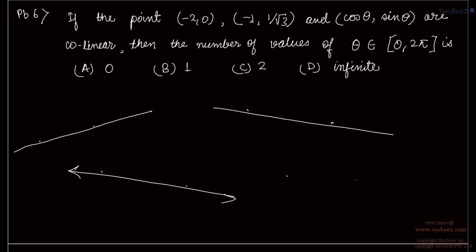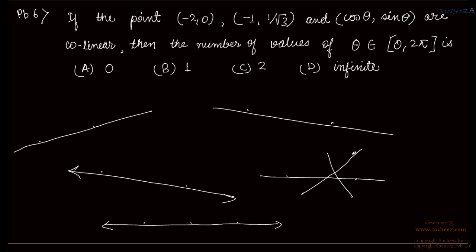But if we have 3 points, we cannot always draw a line passing through all these 3 points. See, this line does not pass through this point. So these 3 points are not collinear. So collinear points means a single, unique line passes through all 3 points or more than 3 points, then all those points are said to be collinear.